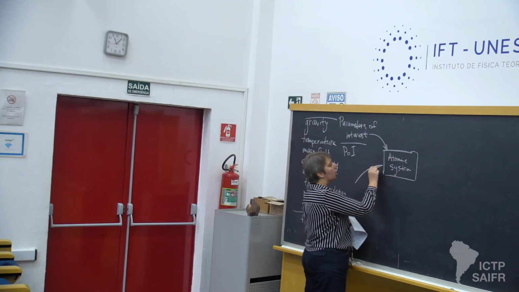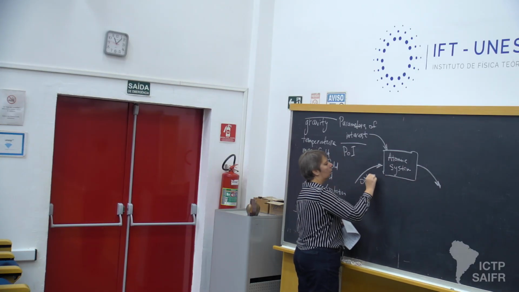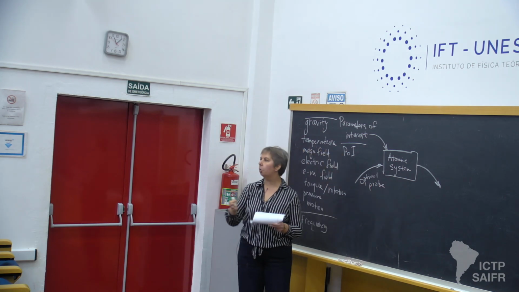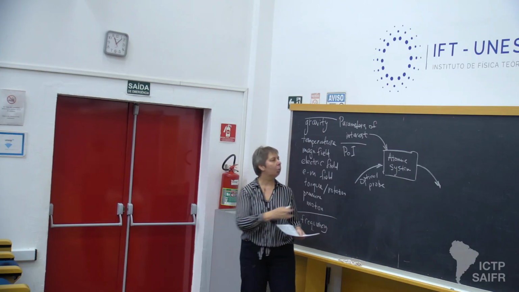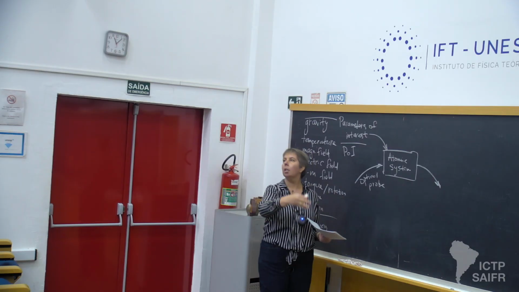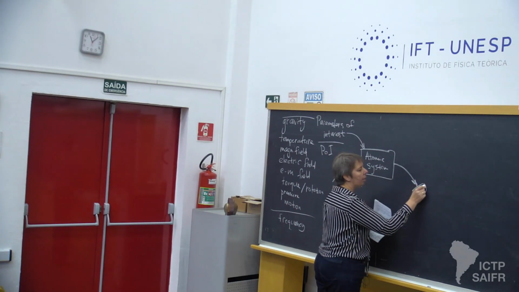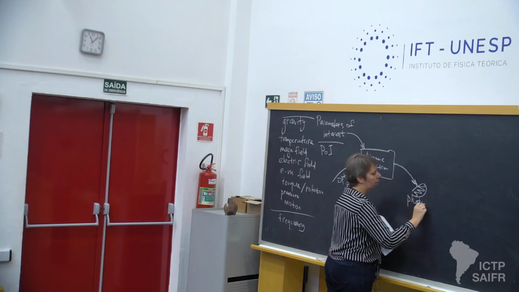And then, of course, we have the optical probe, because it's pretty hard to see what exactly happens with the atoms. Not impossible, but usually we like to shine some light, and we know how to measure light. After that, we take the output of this light and send it to some sort of photodetector.